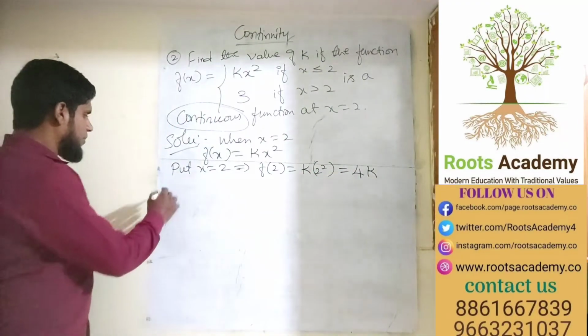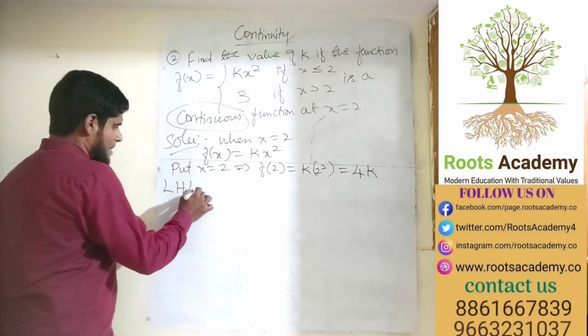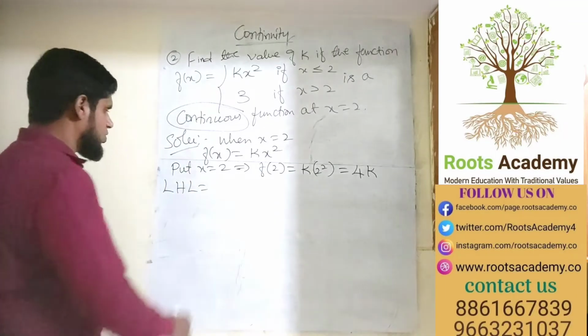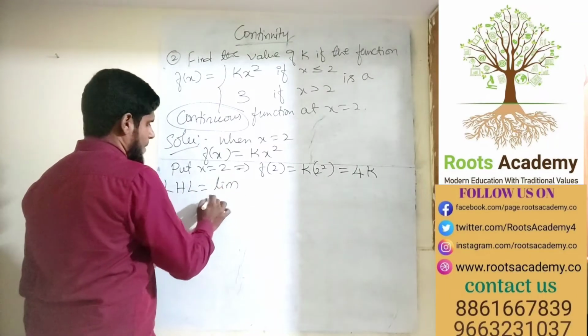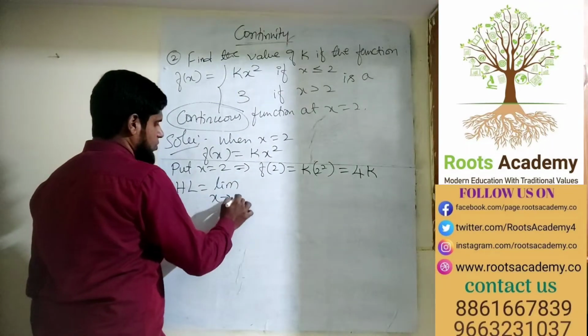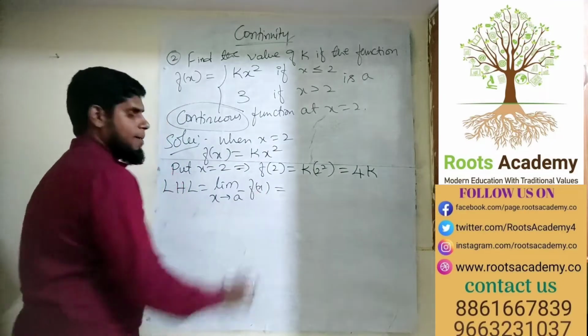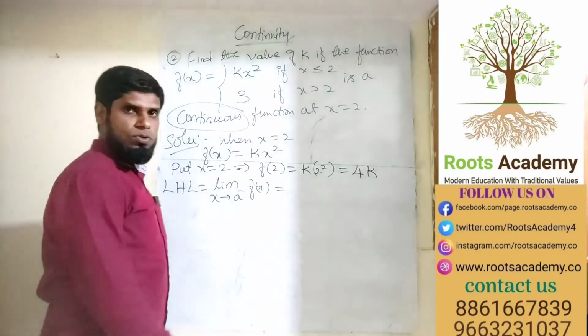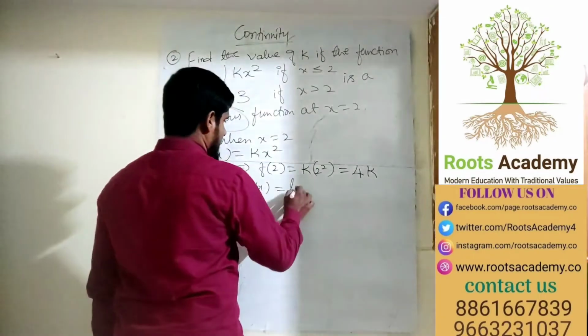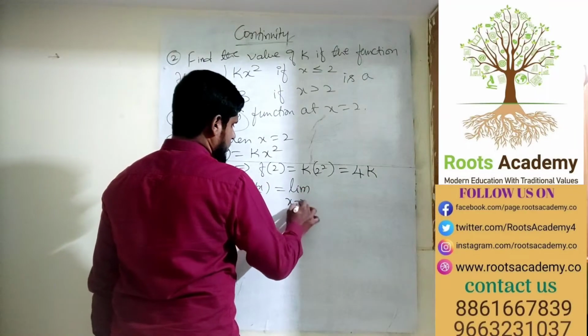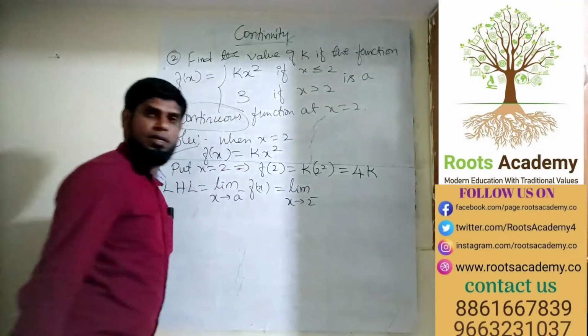Let us take the left hand limit. Left hand limit is equal to limit x tends to a minus f of x, which is equal to limit x tends to 2 power minus.